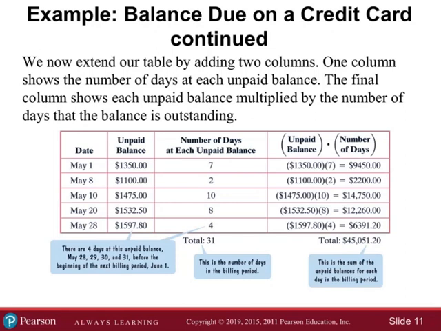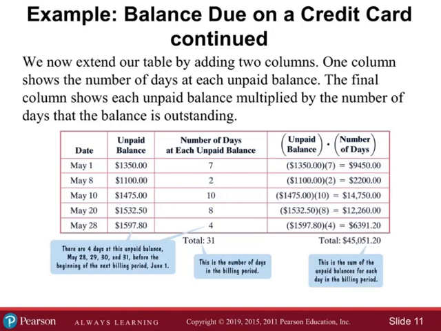So the unpaid balance times 7 days is the 9450. And then on the 8th, they made a payment. So then we subtracted the 250. That's where we get the 1100. And I guess that was in there for 2 days because I think the next day they did a transaction, right? So that 1100 was in there for 2 days. So 1100 times 2 gives us 2200.